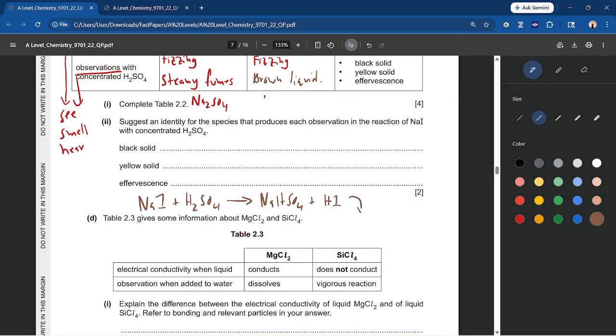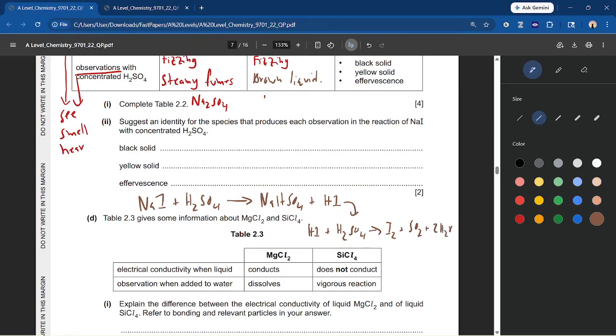This continues on: hydrogen iodide then reacts with sulfuric acid, and that's going to liberate iodine plus sulfate ions plus water.